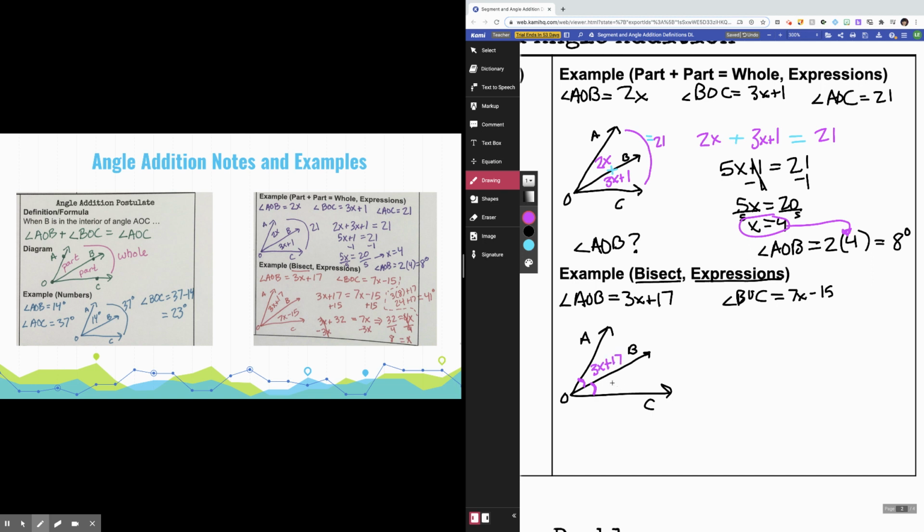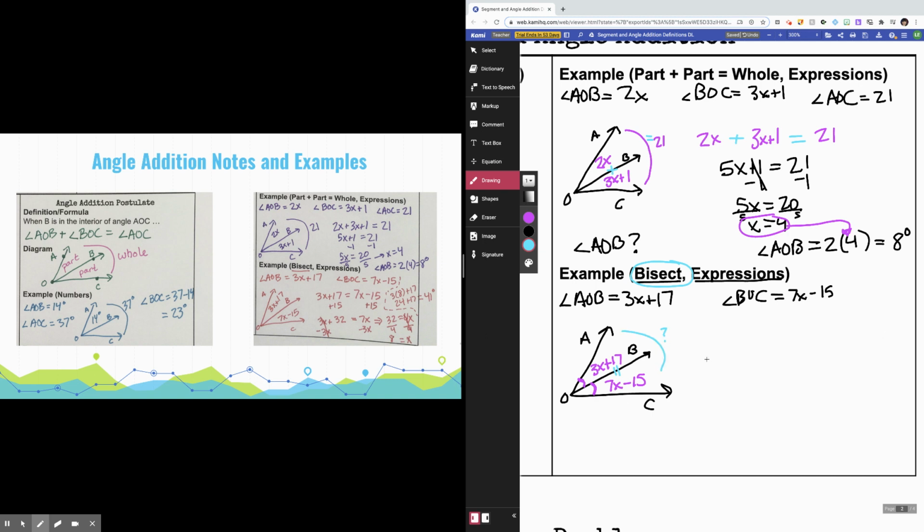Okay, and then BOC is 7x minus 15. Now, this is the only time that you can say those parts are equal, right? And the reason I can do that is because I have this magic word bisect right here. So notice that they didn't give me a whole thing like this out here.